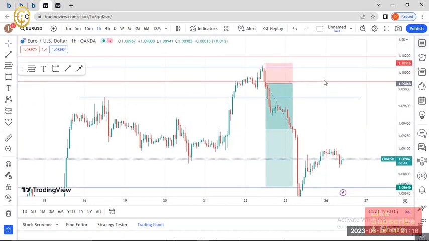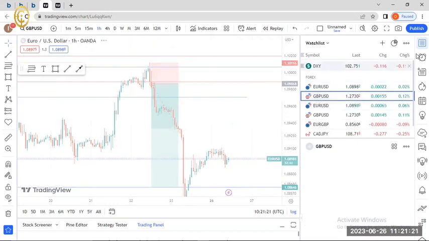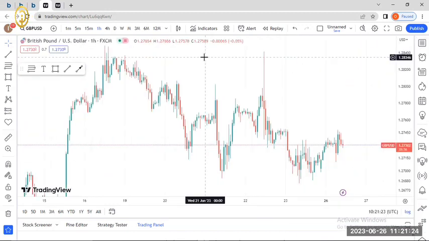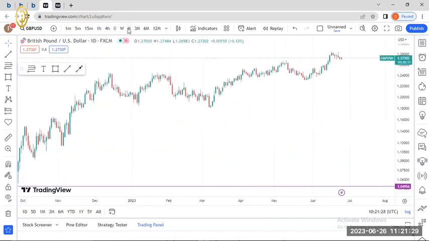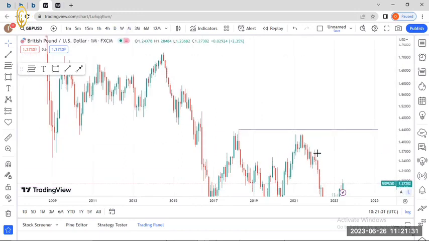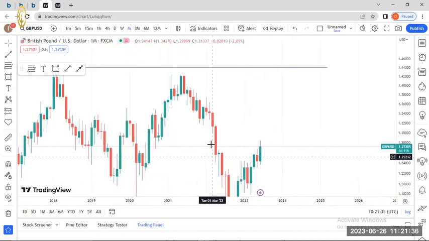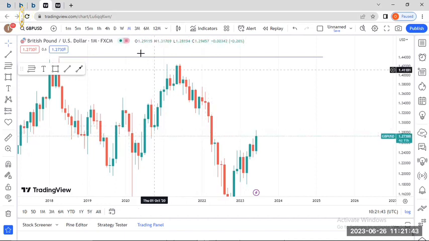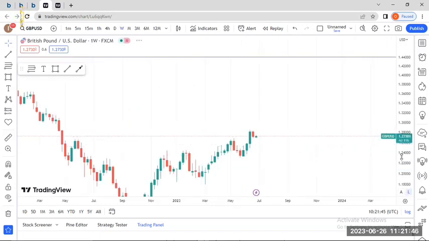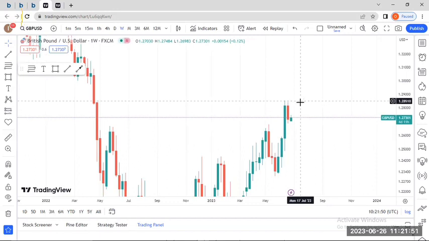Like I said, I saw the hindsight from the pound, the GBP, because this has already rallied up to a premium point as regards your monthly time frame, according to our consequent encroachment into a fair value gap. This here is a mitigation block. So naturally, you would have been expecting lower prices for this particular pair.